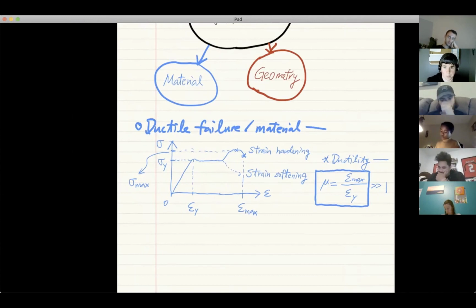Next one is what we call brittle materials, or brittle failure.